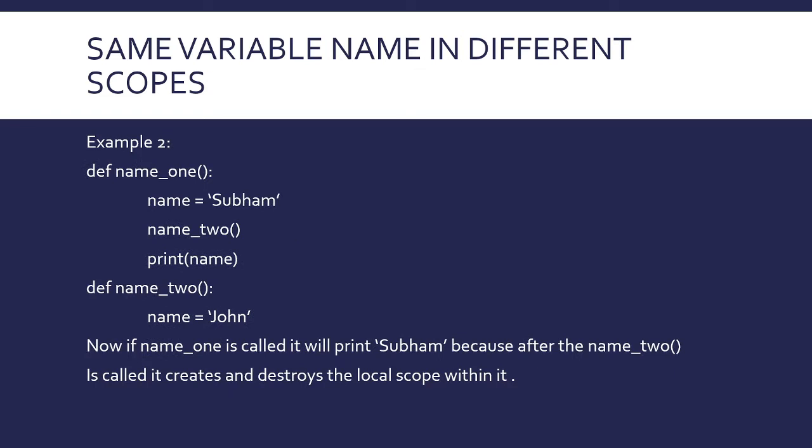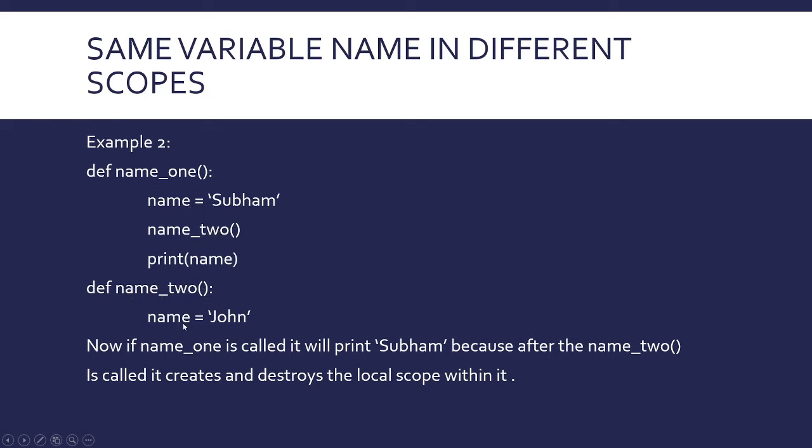So now if we want to call one function inside another function, that is also perfectly fine in Python. So this is the name1 function. Here I have given a name, my name actually, and here I have called the name2 function inside the name1 function.